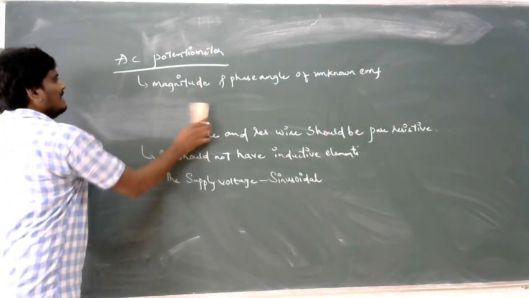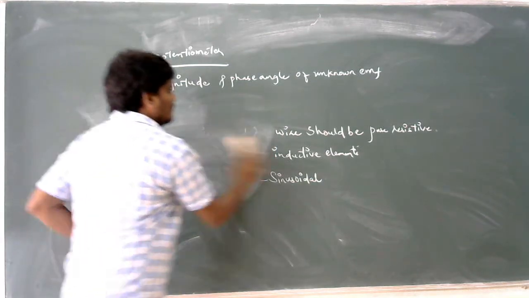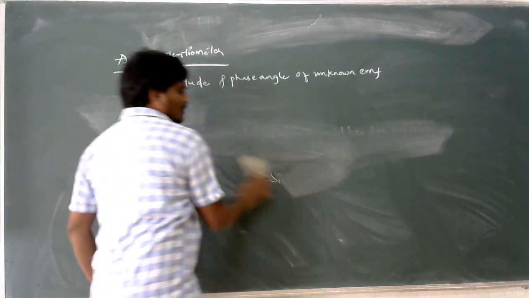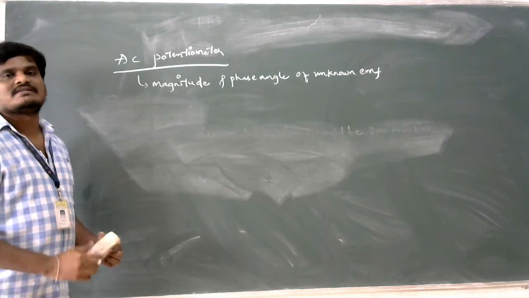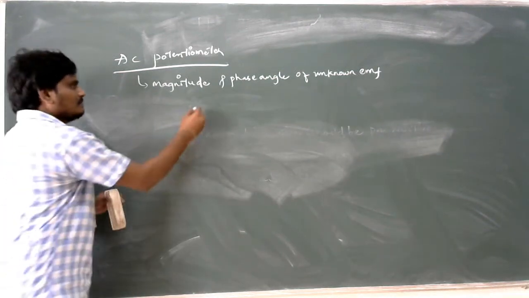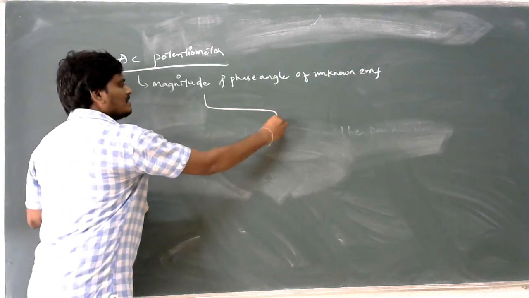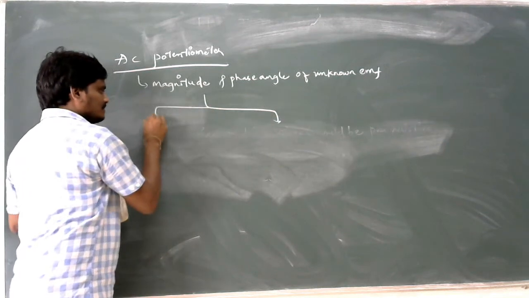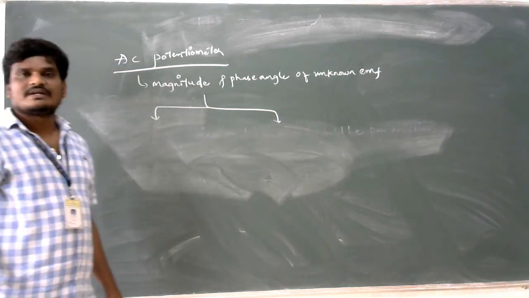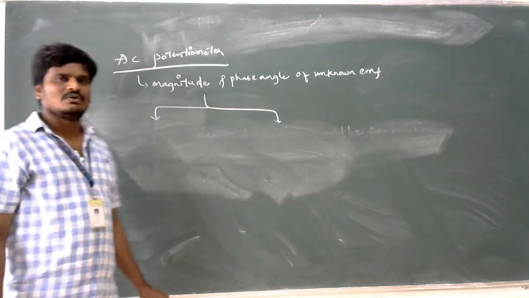Now we will go with the types of AC potentiometer. AC potentiometers are basically classified into two types.